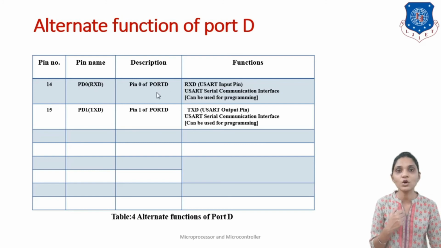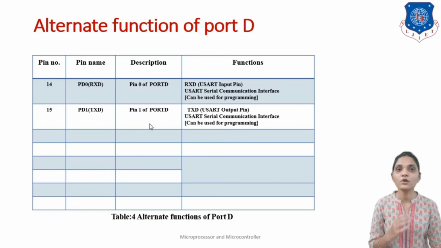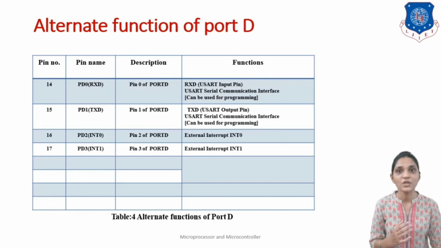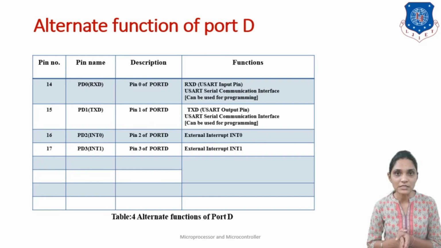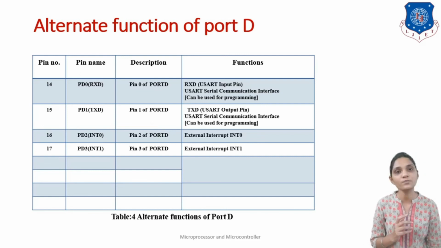So pin number 0 of port D can be used for the input of USART, and pin number 1 can be used for the output of USART. And USART is just a simple input output protocol for serial communication. Then we have two pins, PD2 and PD3, that are used for external interrupt 0 and external interrupt 1.